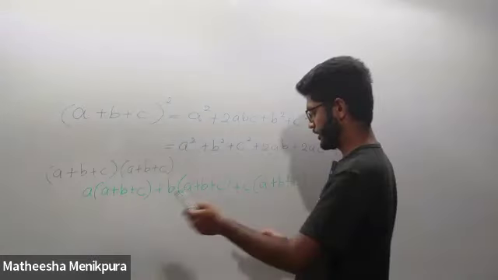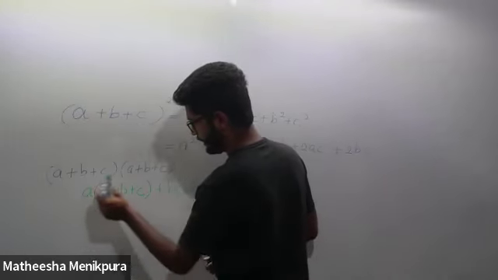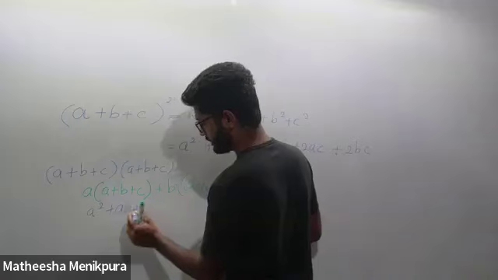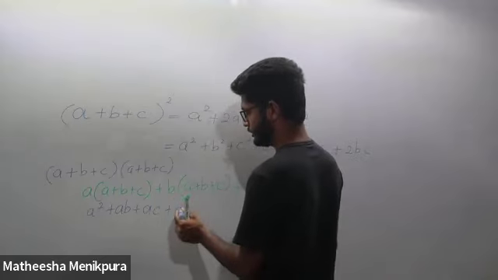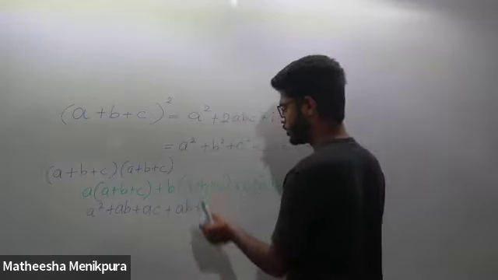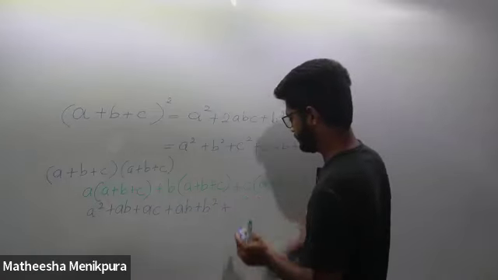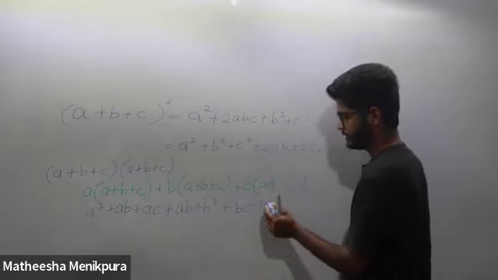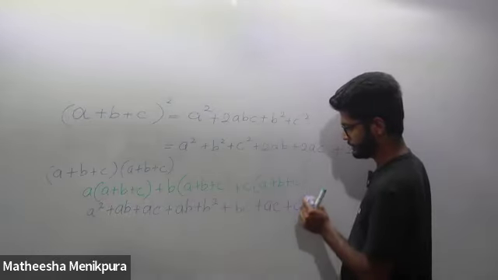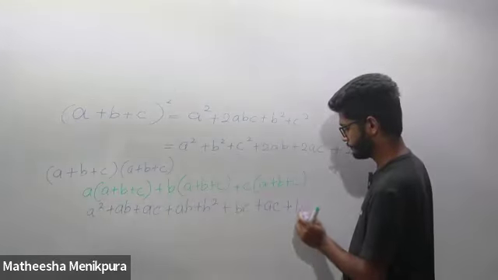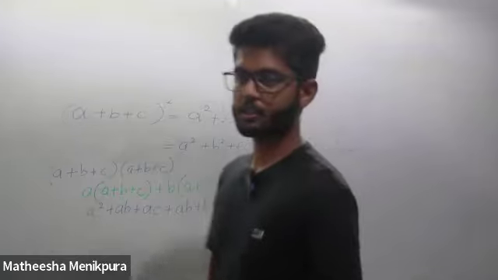Now we'll remove the brackets. a into a is a squared, plus a into b, ab, plus a into c, ac, plus a into b, again ab, plus b into b, b squared, plus c into b, cb, or else I write bc, plus c into a, ac, plus c into b, bc, plus c into c, c squared. Many terms are coming.